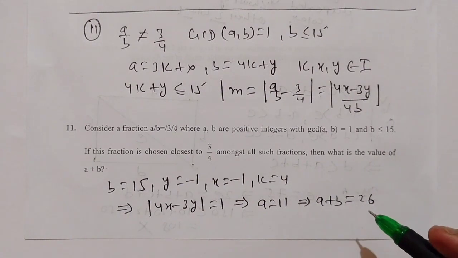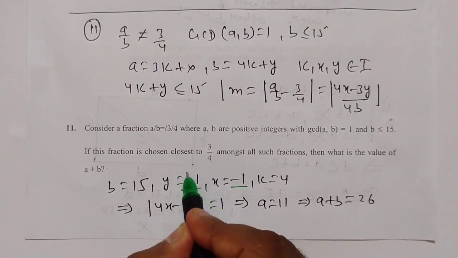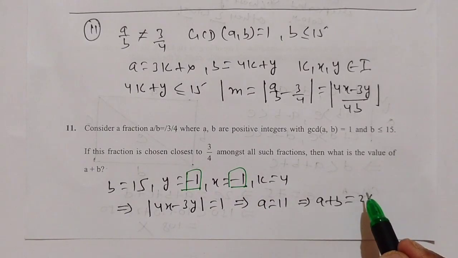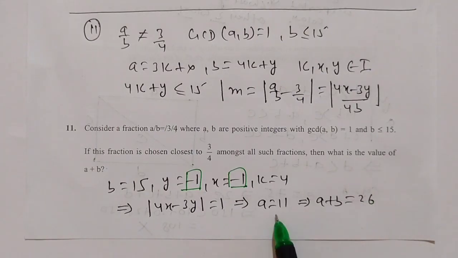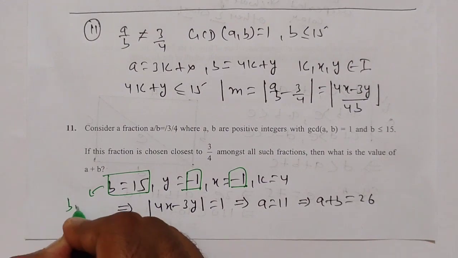So now the smallest possible value for 4x minus 3y is 1, and x, y are minus 1 and minus 1, two values are here. So this is valid because the largest possible value of the denominator is dependent only on b, and the maximum value of b is 15. This is b maximum.